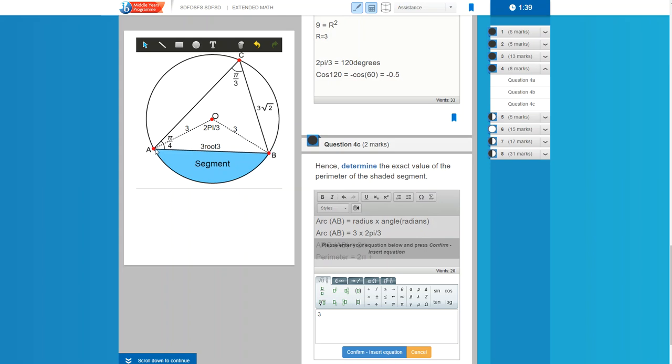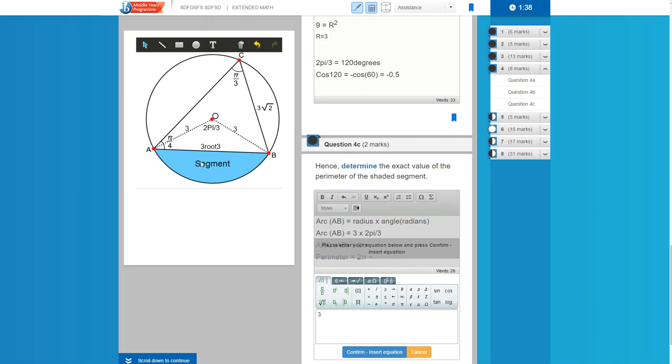I want the perimeter of this blue segment. I've just worked out that AB is equal to 2 pi. This arc is 2 pi. How do I work out the perimeter of this blue segment then? What do I have to add on to it?